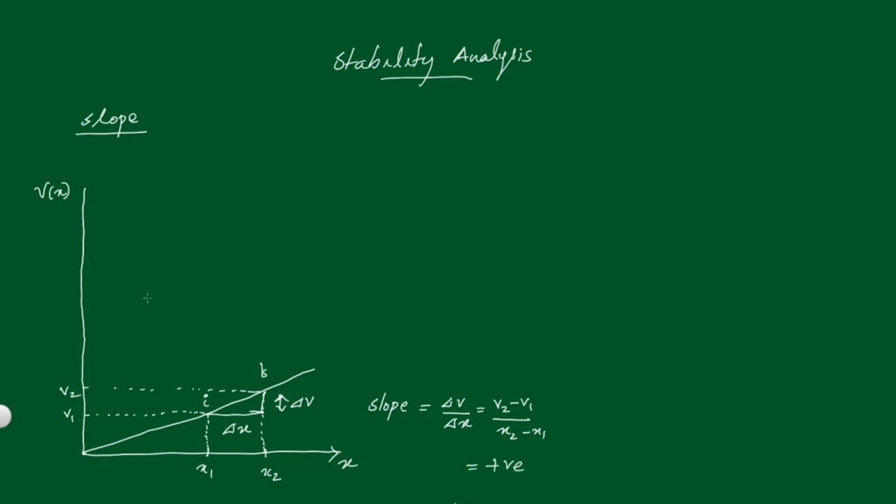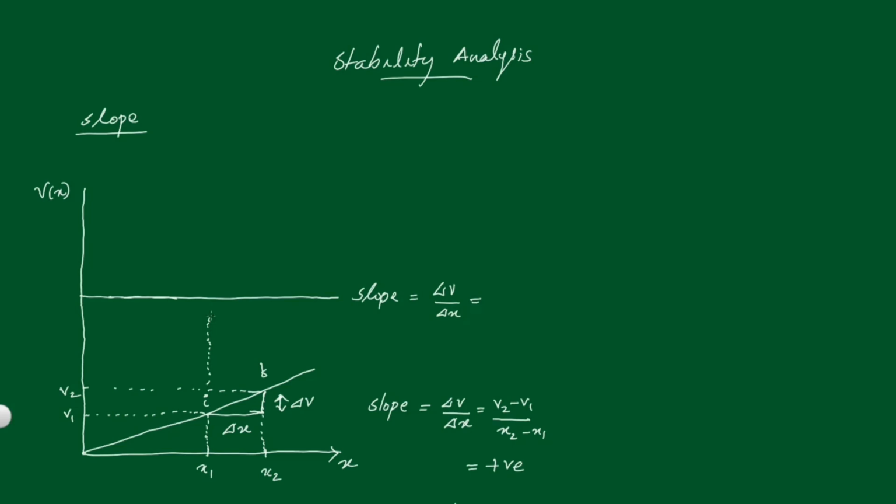Now I am taking another condition. Here this is the variation of v of x with respect to x, that is, v of x is constant with respect to x. So what is the slope here? The slope is delta v by delta x.